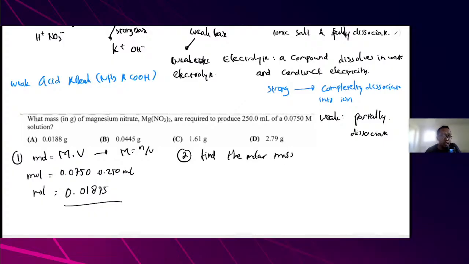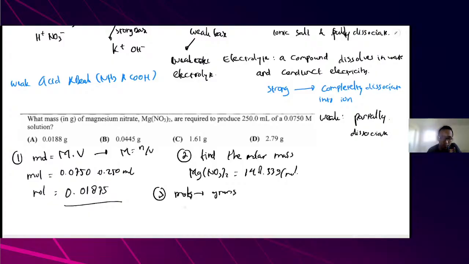How to get that one? We can take a look at the periodic table. Mg(NO3)2 will be 148.33 grams per mole. Now what we're going to do is convert moles to grams. How to do that?